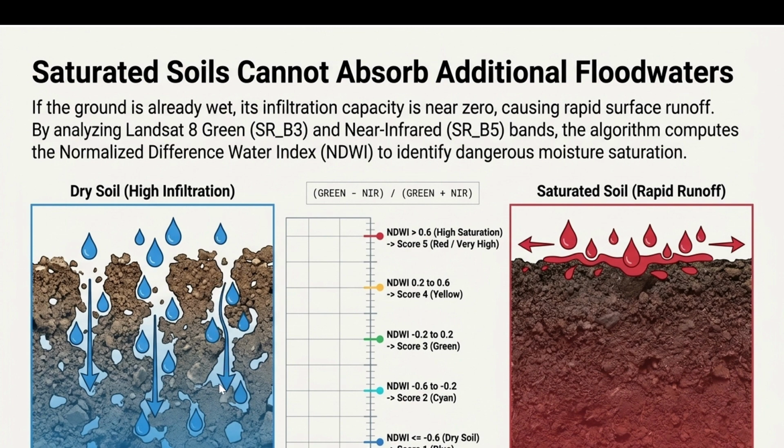In the saturated case, water cannot move into the ground, so it overflows the surface and creates flood. So a high NDWI value indicates a very high risk of flood, and a low NDWI indicates a low risk of flood.